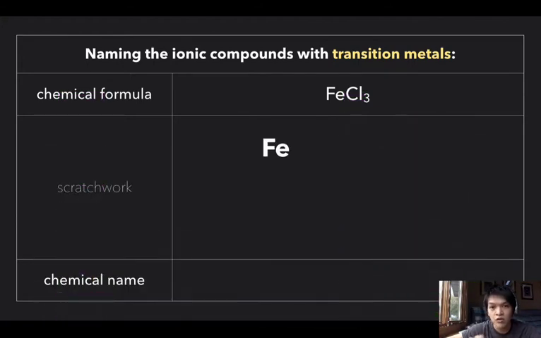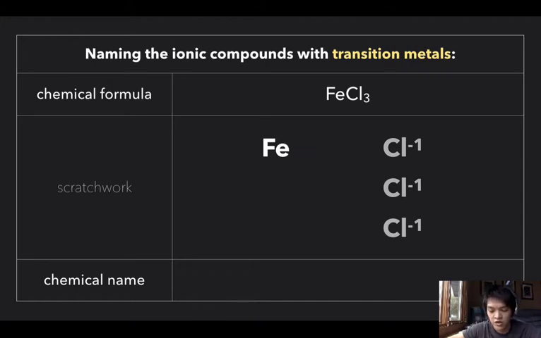We're going to go ahead and write this down. We have iron. We don't know the charge of it yet, but we do have chloride, which we do know the charge of. In fact, we also know that there are 3 chlorides in this compound, according to the chemical formula. So if there's 1 iron and 3 chlorides, and each of the chlorides is -1, what must be the charge of the iron?